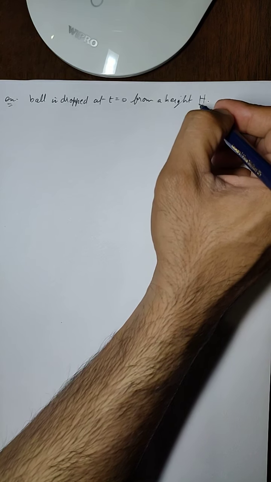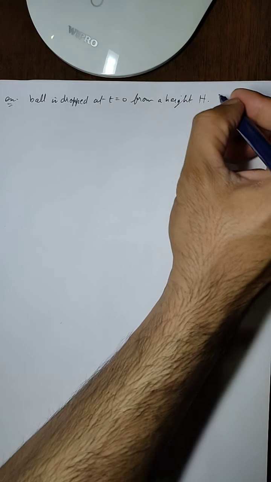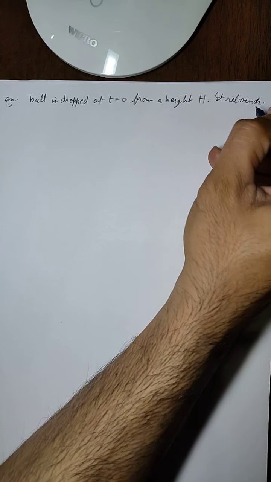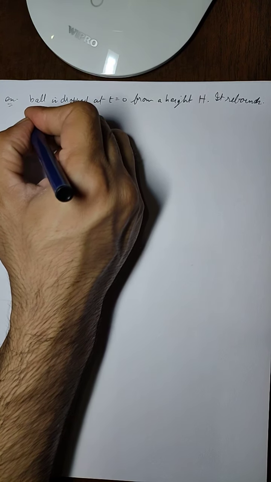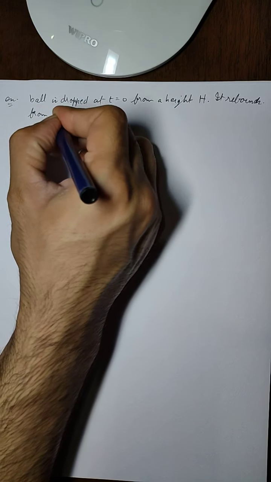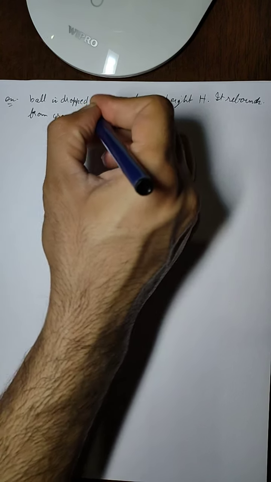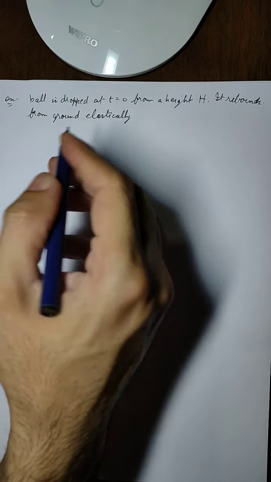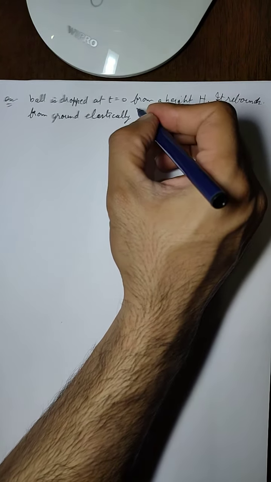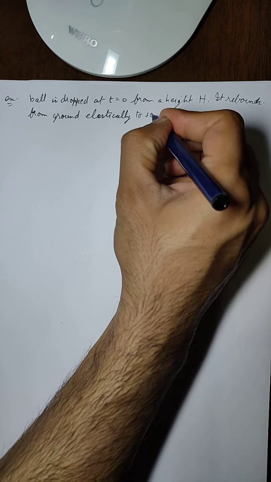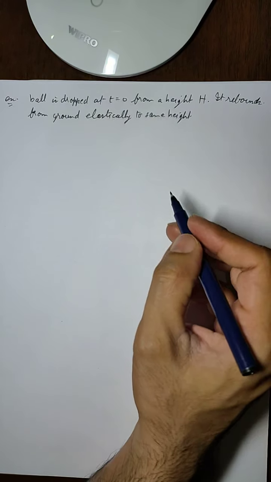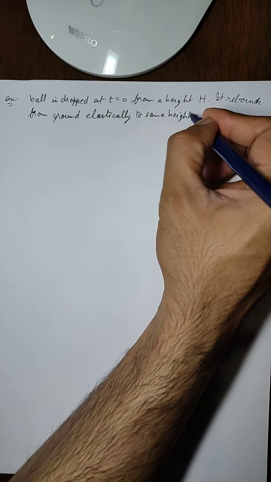The ball hits the ground and rebounds from the ground elastically. What does elastically mean? I'll just tell you. Elastically means to the same height. That means the ball is striking the ground and rebounding and going to the same height h.